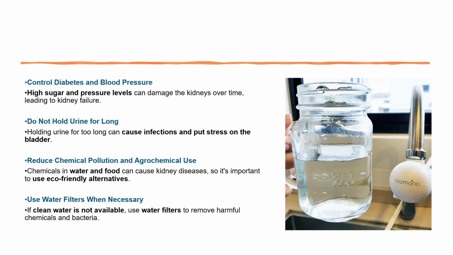Another strategy is to control diabetes and blood pressure, because high sugar and high pressure levels can damage the kidneys over time, causing kidney failure. So controlling such diseases, or else preventing yourself from getting such diseases, is one of the best ways.